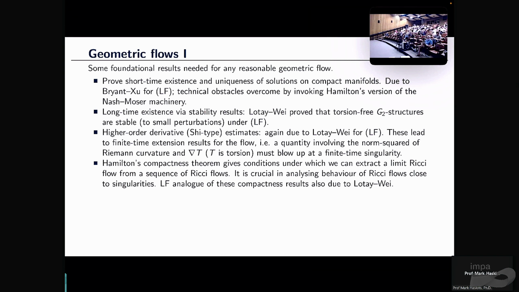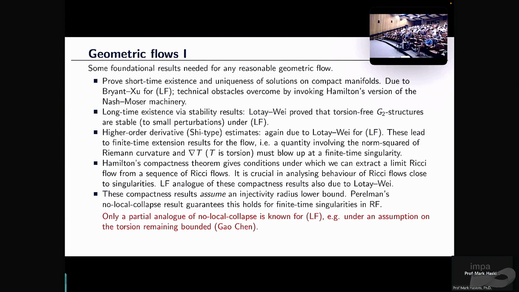So we have a Laplacian flow analog of these compactness results, also proven in one of the same papers by Lotte and Way. But one crucial difference is that these compactness results, certainly the original Hamilton one and then the Lotte and Way one, need to assume some sort of lower bound on injectivity radius.